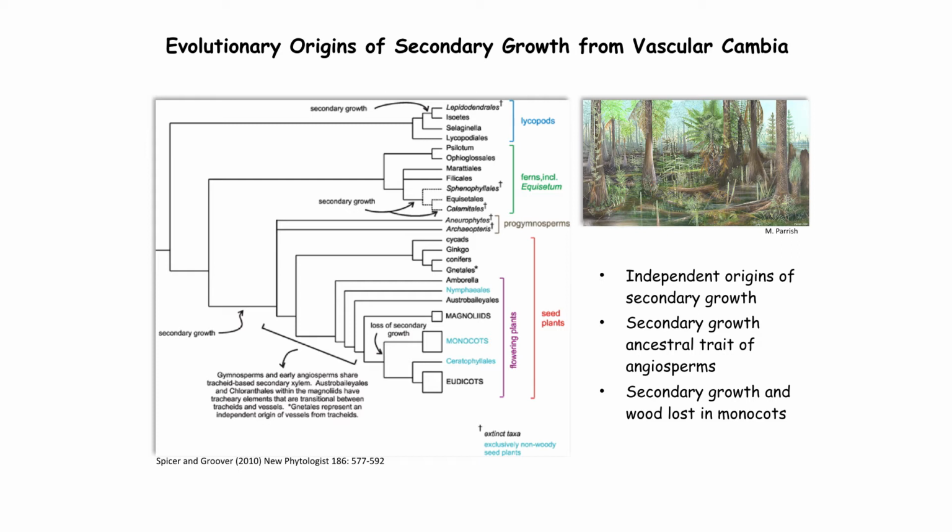But my talk today is really going to focus mostly on angiosperms. And what we believe now is that the ancestral state in angiosperms was woody, so having a vascular cambium was an ancestral state. And so a few questions arise here that we're trying to address.